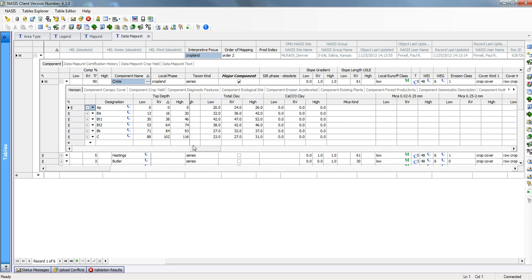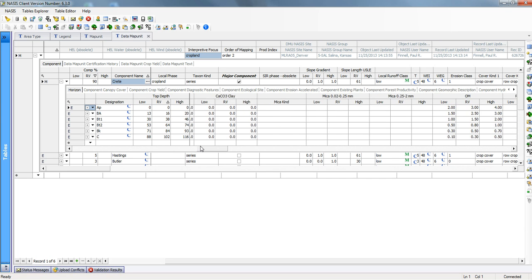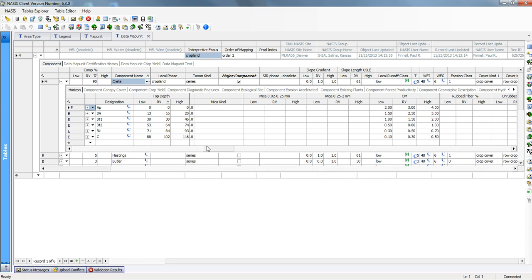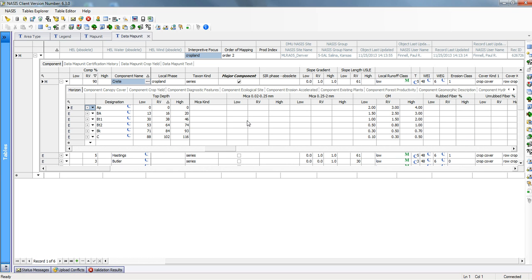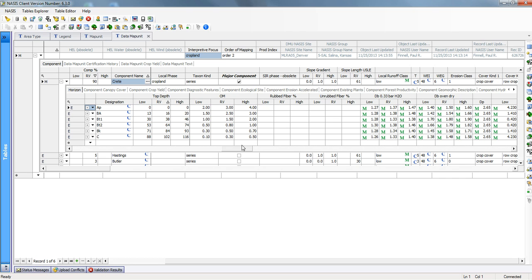And then we've got the total clay content and then the calcium carbonate clays. For those soils that are high in mica content, we've included the mica itself. And then the organic matter information. There are certain rules on organic matter that you need to follow, what would be populated as far as organic matter and particle size distribution values. So look at that also.